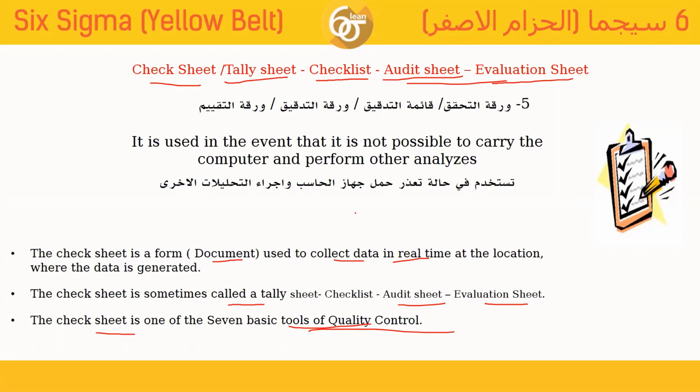We use it out of the office, in the location, when you don't have a smartphone, tablet, or laptop. You use the check sheet to put your data, your memories, whatever observations you have in the location.